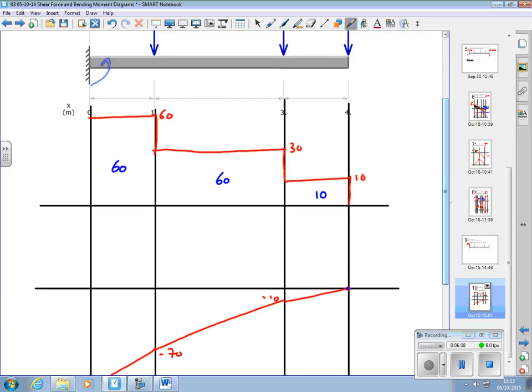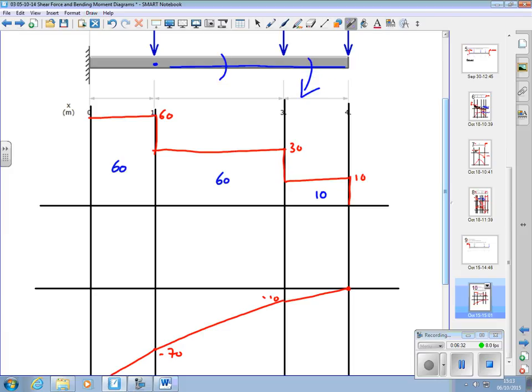If you think about it, we're starting at this end and then moving this way. And if we think about this point here on the diagram, which is this point on the beam, it's as though the bending moment at this point is equal to the moment due to the weight of what's to the right-hand side of it. What's the bending moment at this point? That's due to the weight of everything this side of it, pulling it around this way.